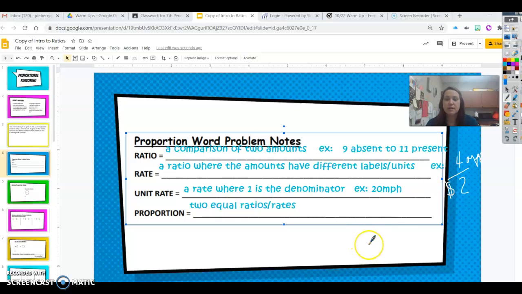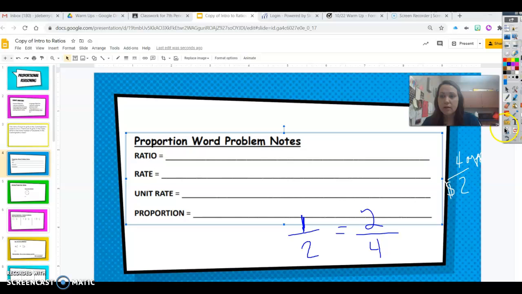An example of this would be 1 apple for $2 is the same as 2 apples for $4. Okay, they're just 2 equal fractions. Okay, so if you need to pause the video, pause it, finish copying. I am going to move to the next slide.